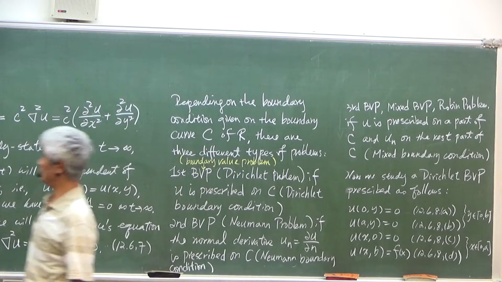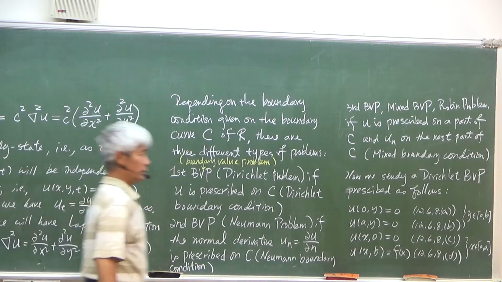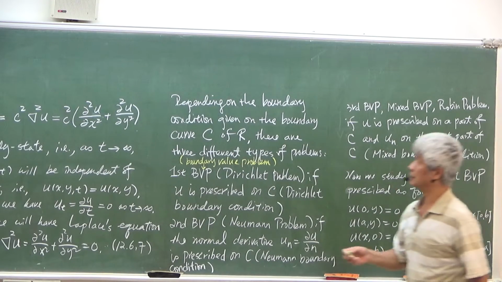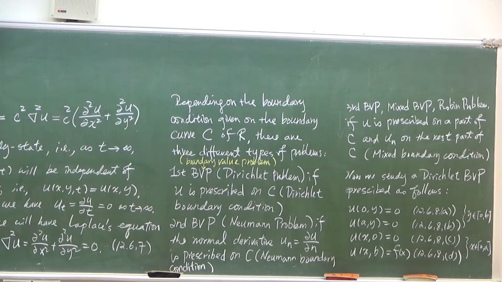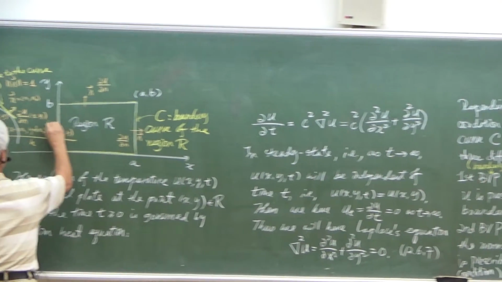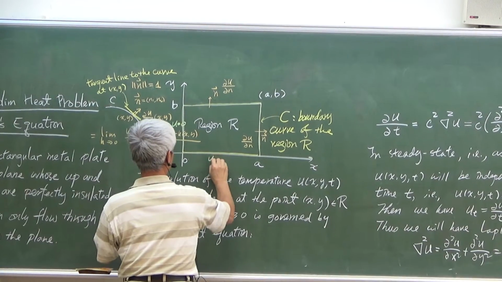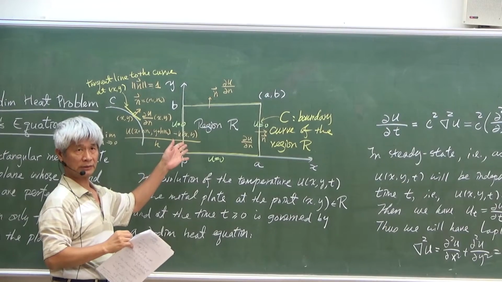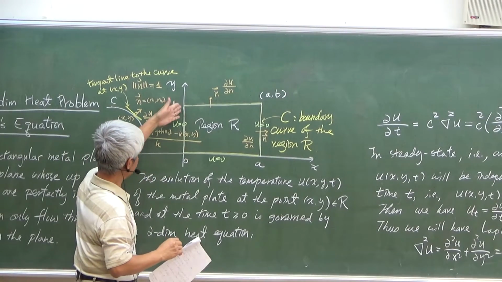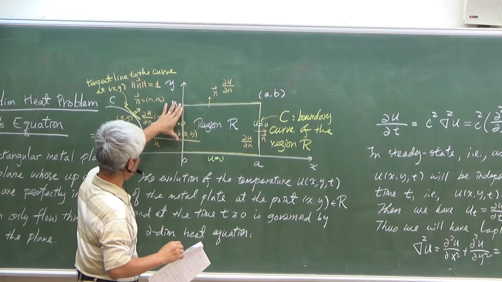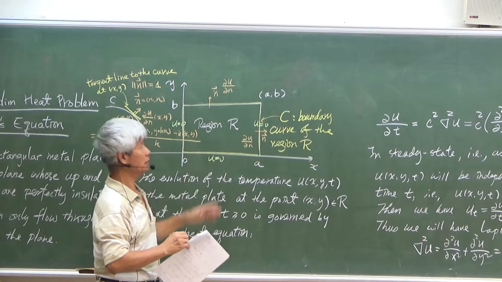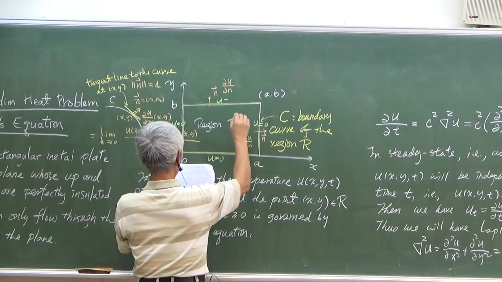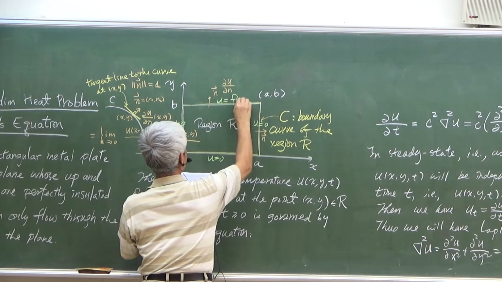So the boundary condition is that we have specified that u is 0. u is 0. Right? So the temperature is 0 at these three sides. But for this side, u is equal to f of x.